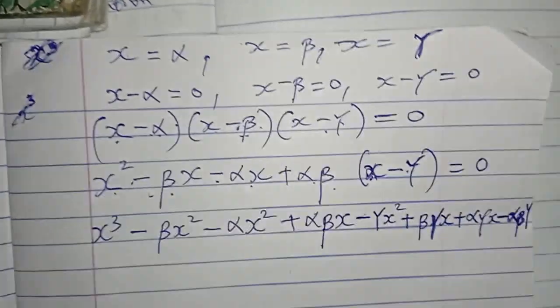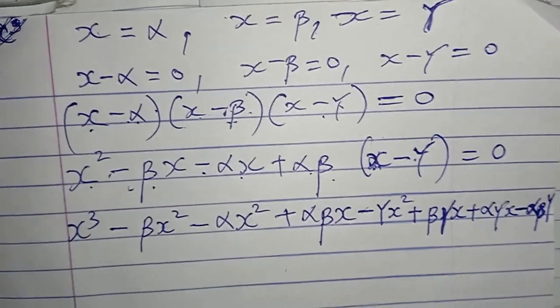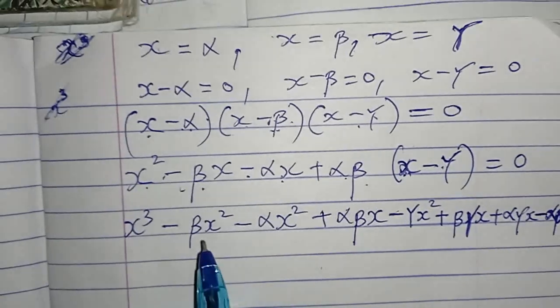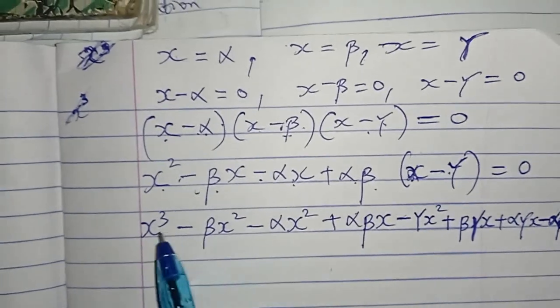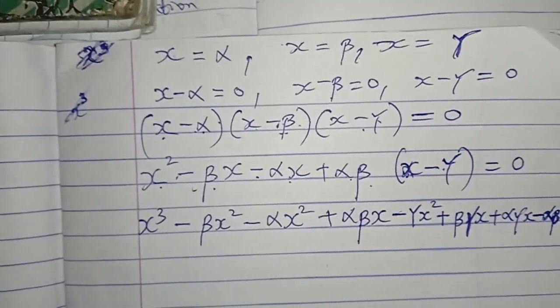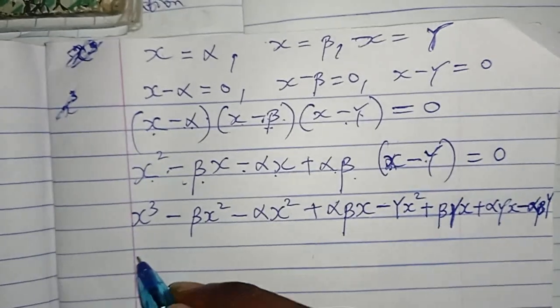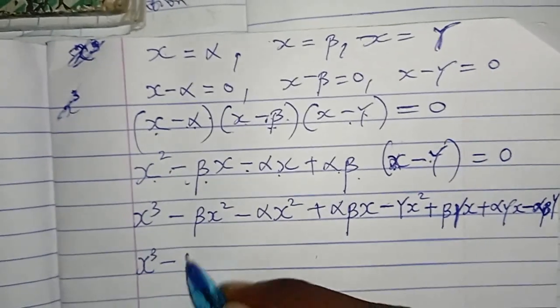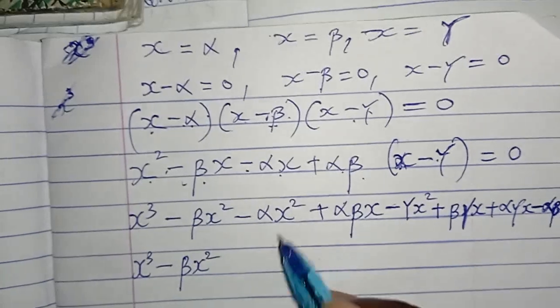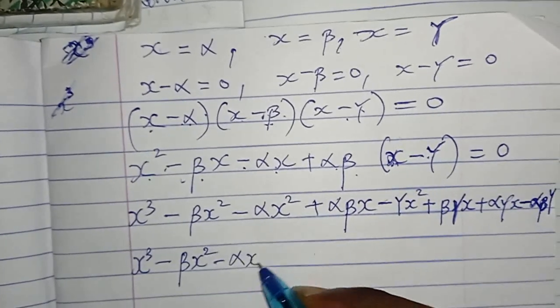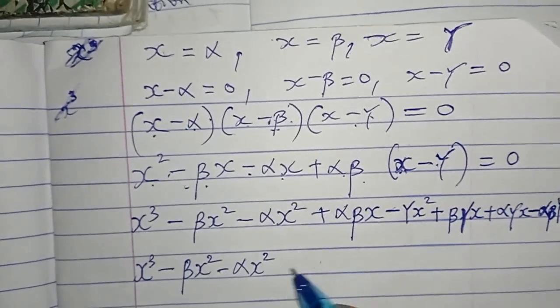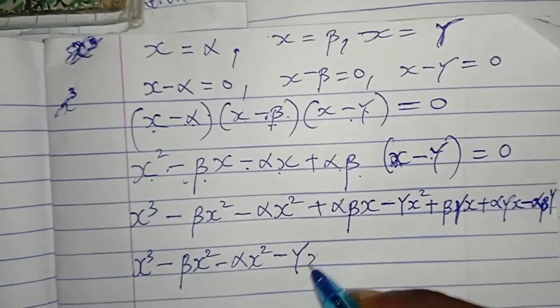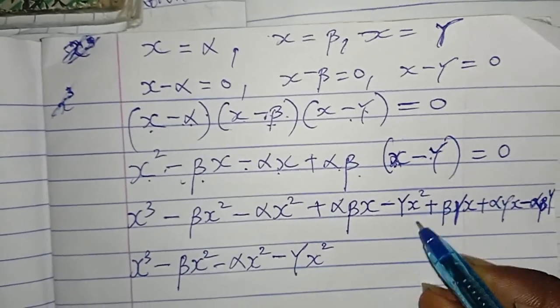So at this point, what we can do is collect like terms. Everything with x cubed one side, everything with x squared one side. So we now see that this is going to be x cubed minus beta x squared minus alpha x squared minus gamma x squared.